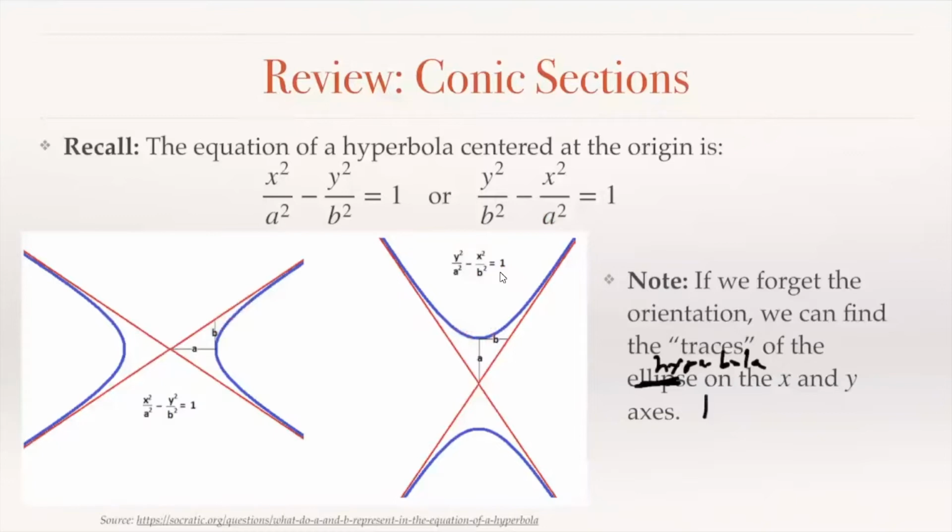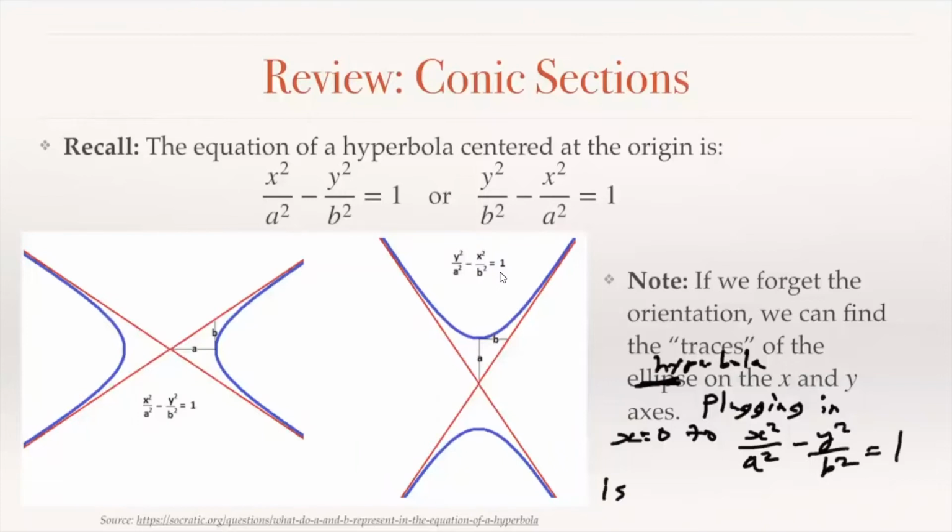So for example, plugging in x equals 0 to x squared over a squared minus y squared over b squared equals 1 gives negative y squared over b squared is 1.